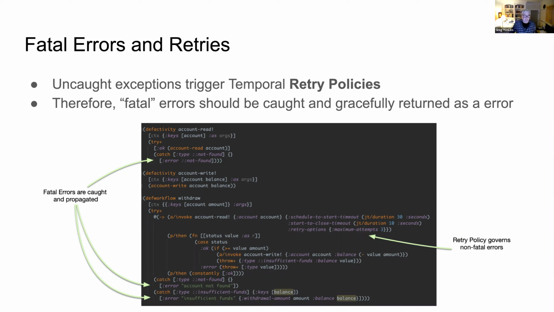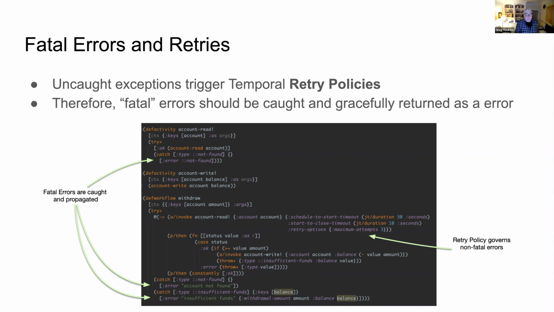Maybe this will be obvious to everyone else, but I found it counterintuitive when I first realized it: you actually want special handling for your fatal errors, because you want to say these are the ones I don't want you to retry on. Fatal error seems like you should just die, but in this case you actually want to handle the fatal errors because you don't want them triggering Temporal's automatic retry policies.